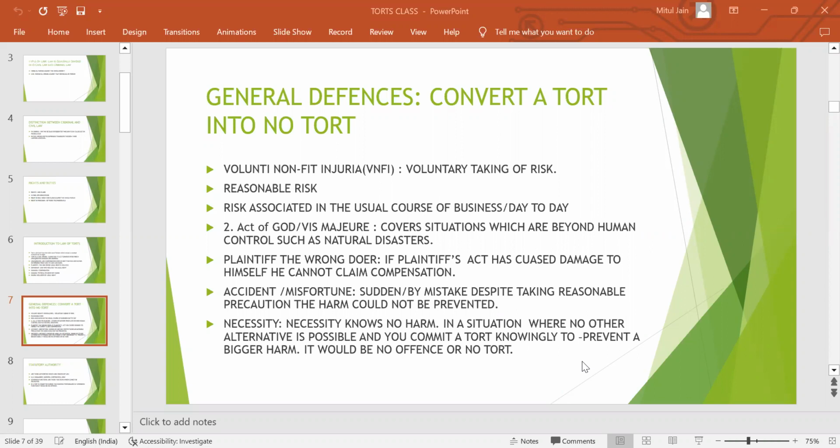Have they committed any tort? Is the question clear? No tort, no tort. Okay. Why, Prarthi and Komal?